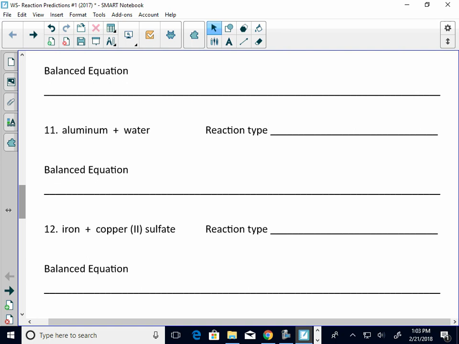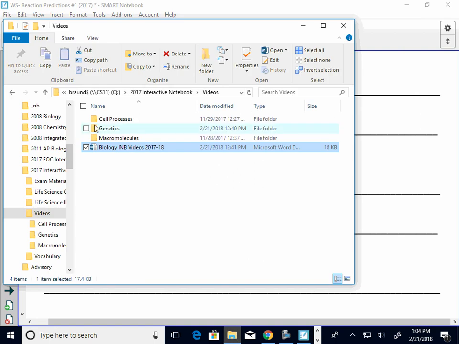Could it be an active metal and water? Let's look, because that is one that we have on our activity series. And I'm going to pull up my activity series here real quick so we're all on the same page of what I'm looking at.